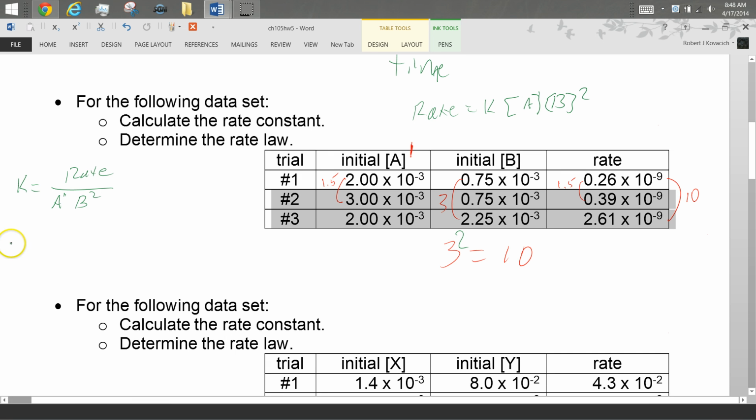And so K will be equal to 0.26 times 10 to the negative ninth divided by 0.002 times 0.000755 squared. And we just solve that.